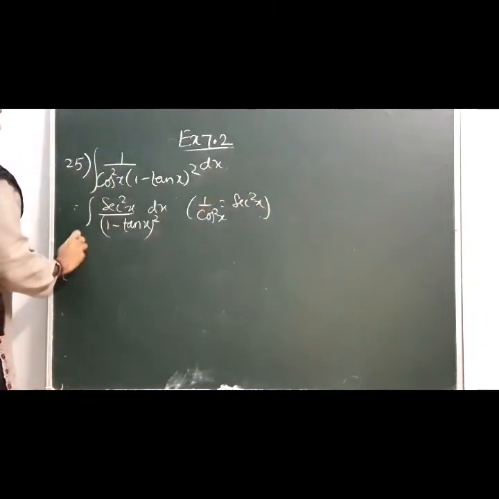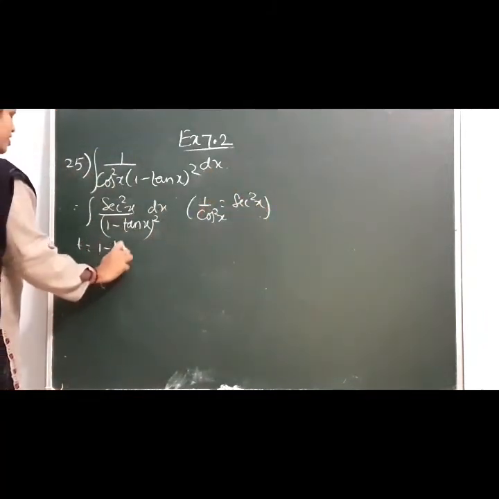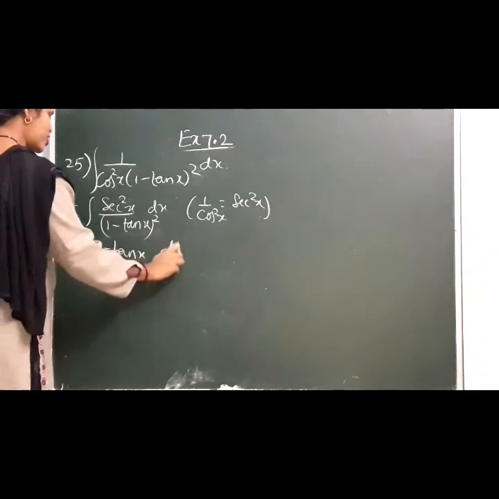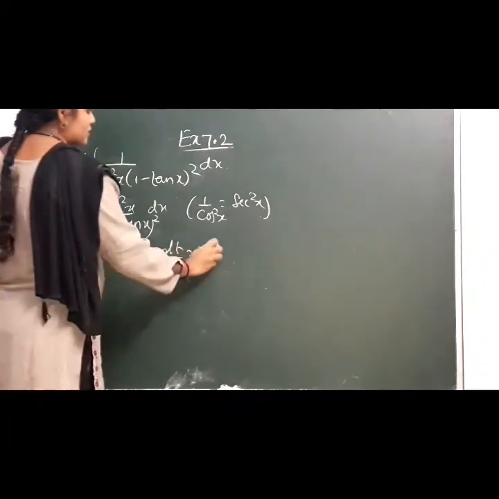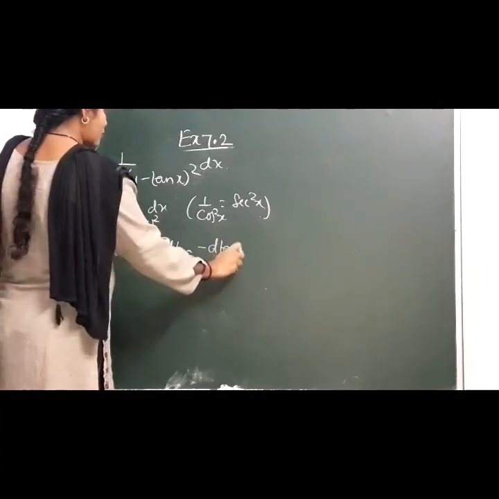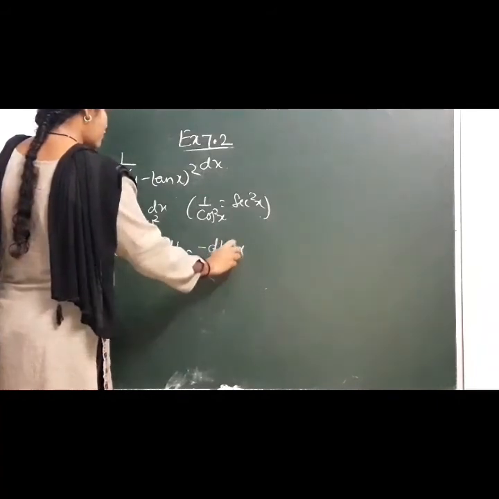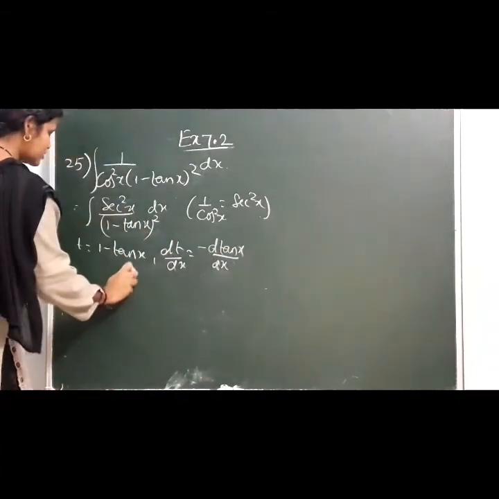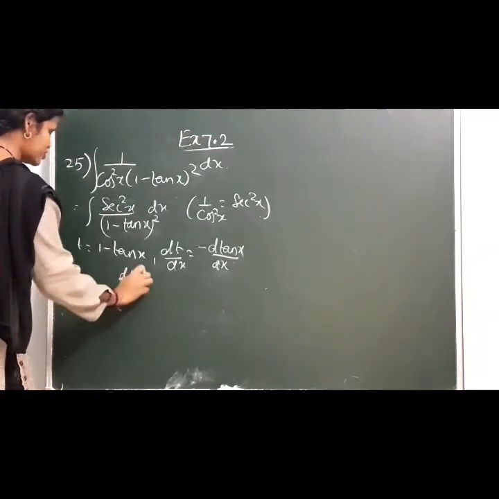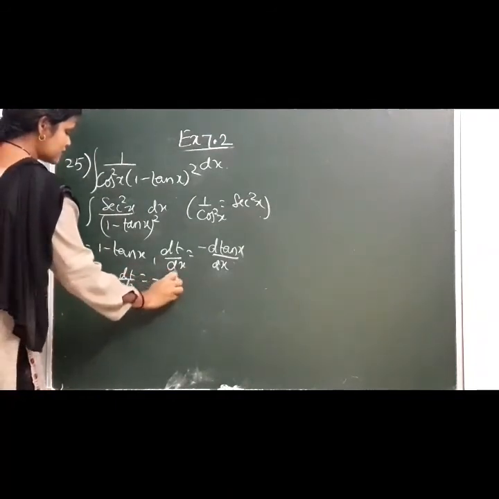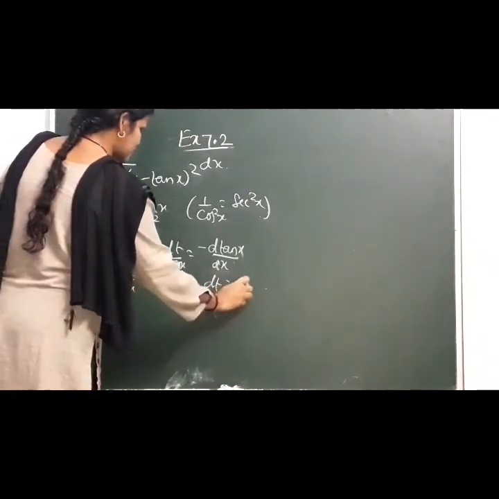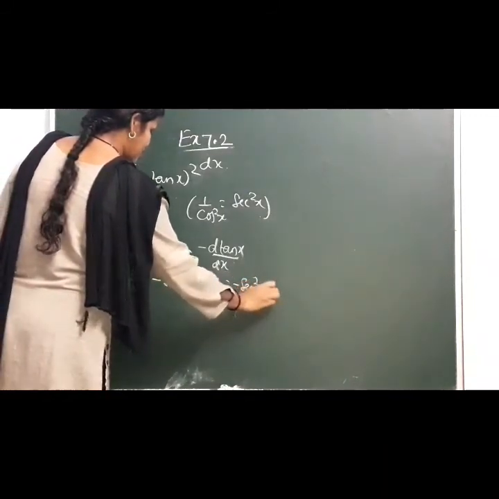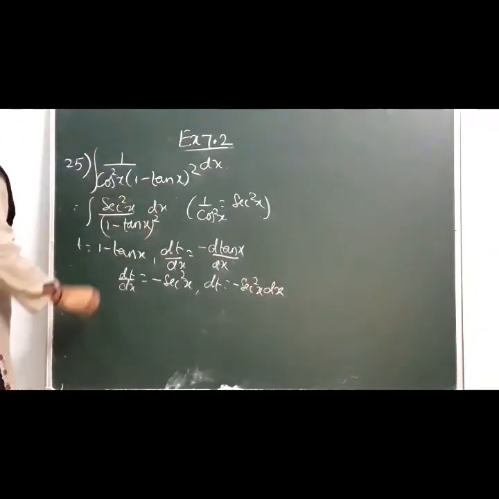Now let t is equal to 1 minus tan x. So dt upon dx is equal to 0 minus d tan x upon dx. The differentiation of tan x is secant square x, so that is minus secant square x. So dt is equal to minus secant square x dx. Clear?